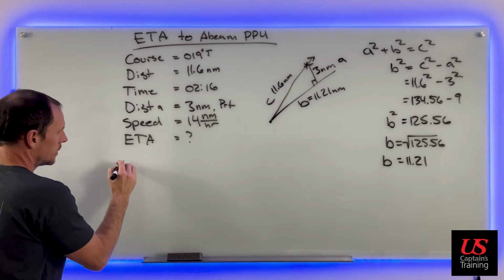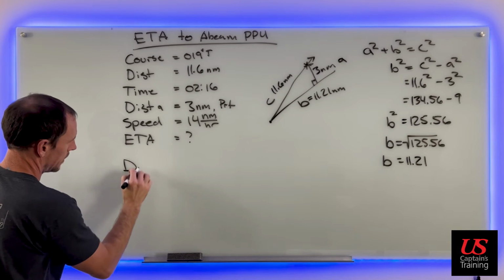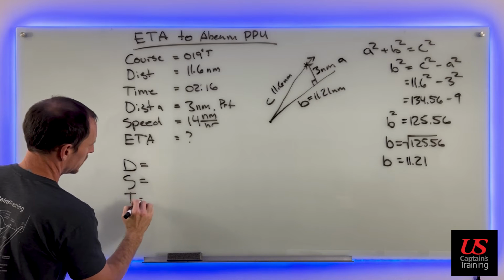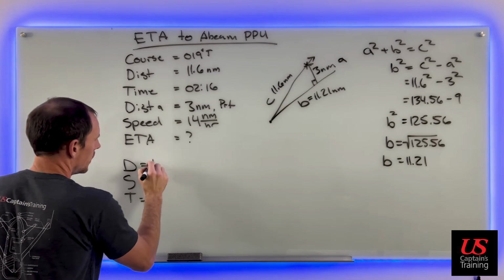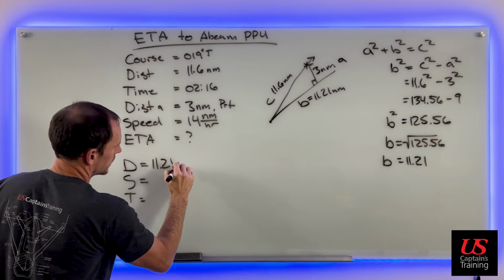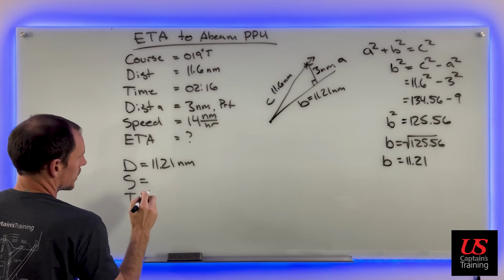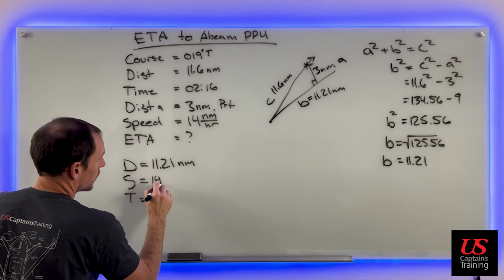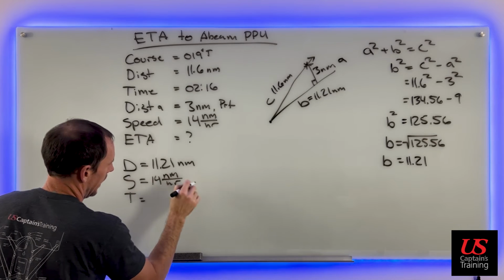Now that we have this distance, we were given a speed, we can find how long this took. So distance, speed, time. What was our distance? Our distance was 11.21 nautical miles. Our speed, 14 nautical miles per every hour.